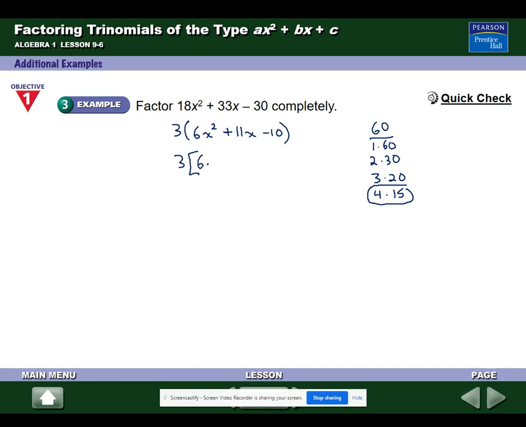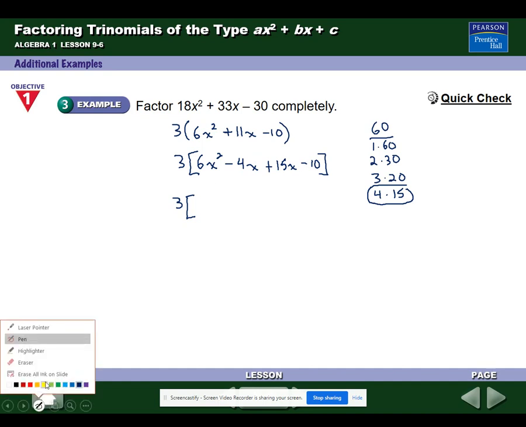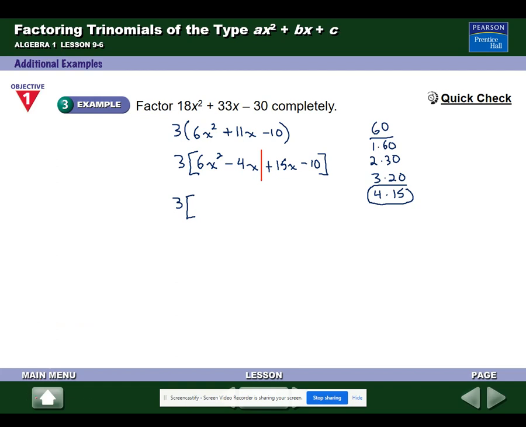So rewrite this as 6x squared minus 4x plus 15x minus 10. Which I can then take out. I like to draw a line in a different color there just to keep things as clear as possible. 2x, take out a 2x, leaving 3x minus 2, plus 5, leaving 3x minus 2.